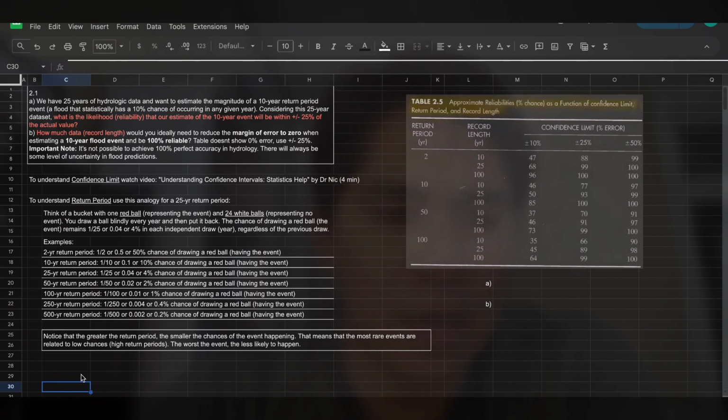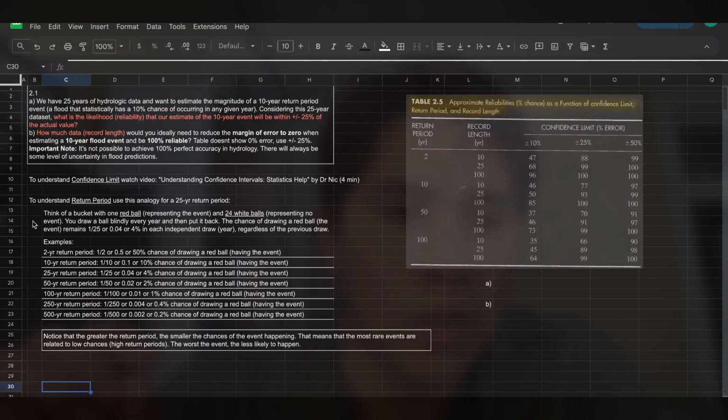So I found that using an example like this one, we can understand what it is. Let's use the example of a 25-year return period. Think of a bucket with one red ball, which represents the event, and 24 white balls representing no event. So 1 and 24 is 25, which represents a 25-year return period.